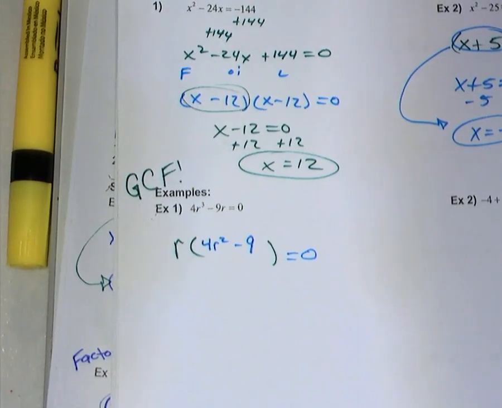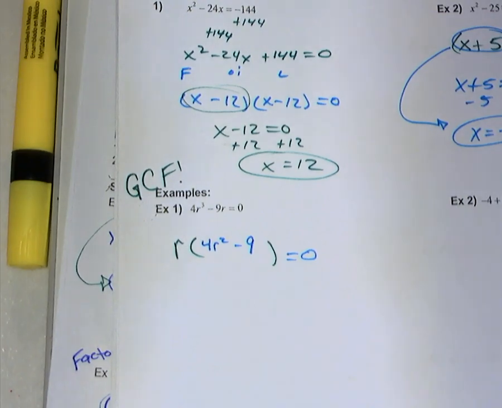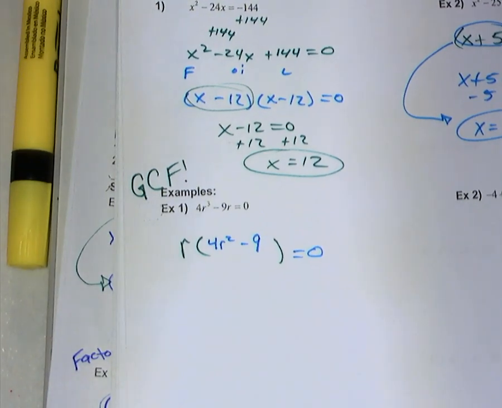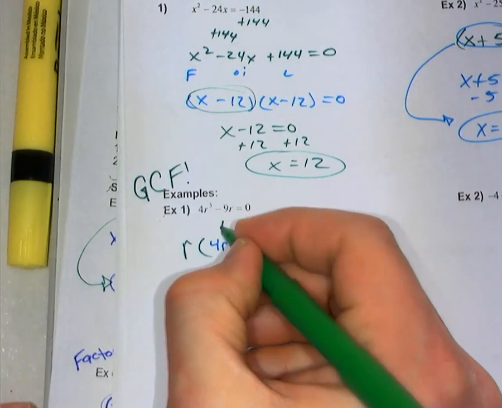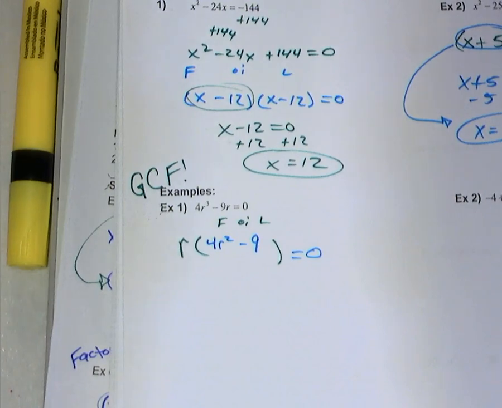Now we look to factor further. We can factor this 4r squared minus 9 and break that down. Factors of F and L add up to an OI term, but is there an OI term? There's no OI term. So when we factor, these numbers are going to be exactly the same, but one's going to be a plus and one's going to be a minus.